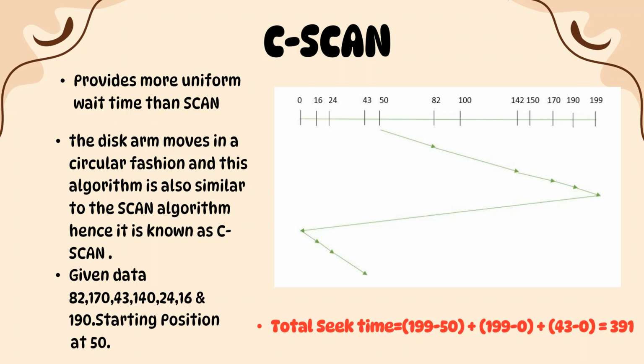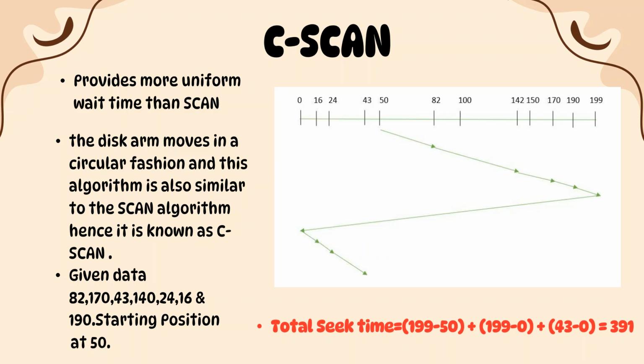The current read and write position is 50. The disk head moves towards the larger value from 50, towards one end, that is 199. When returning, the disk arm will not service anything. It directly comes to the other end, 0.